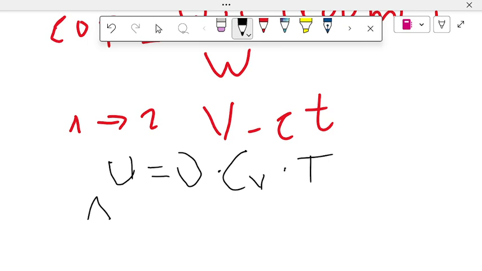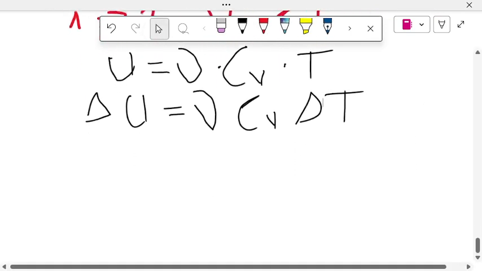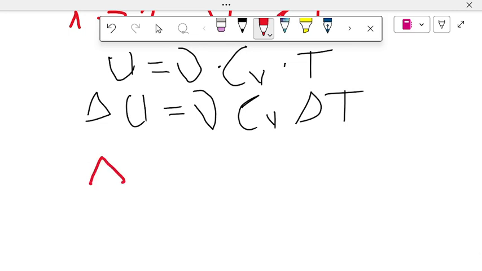If we apply this operator, this is the amount of gas, constant volume heat, and the difference in temperature. And we know from the first law that ΔU is heat minus work.